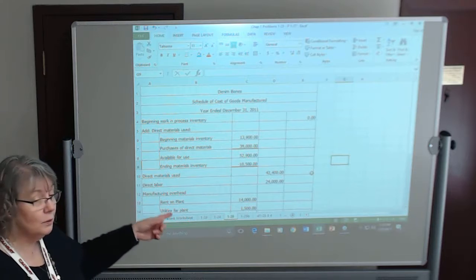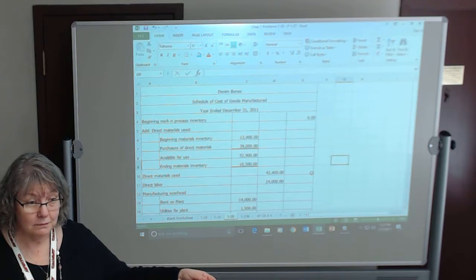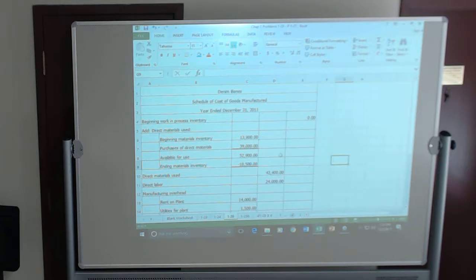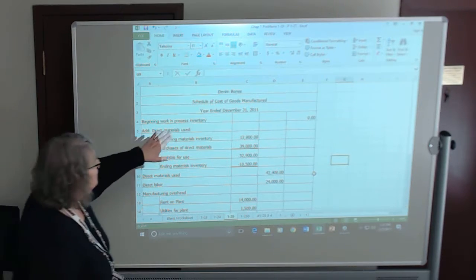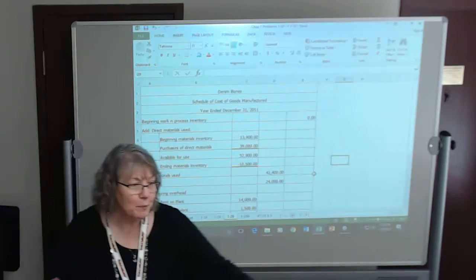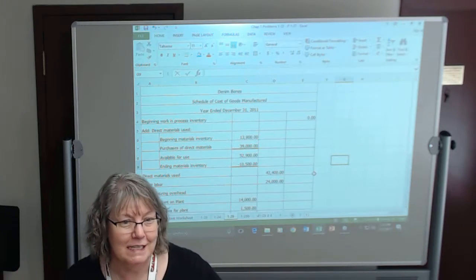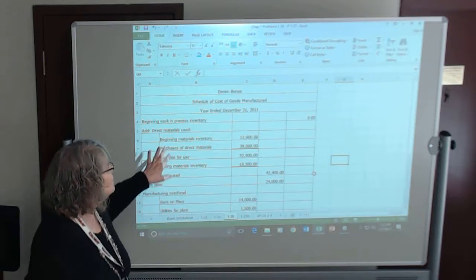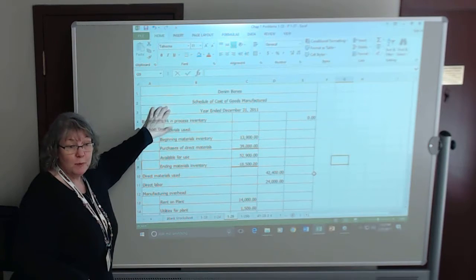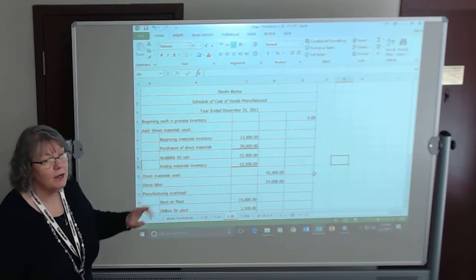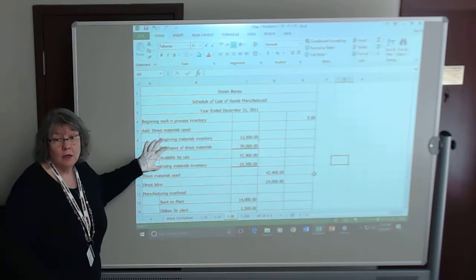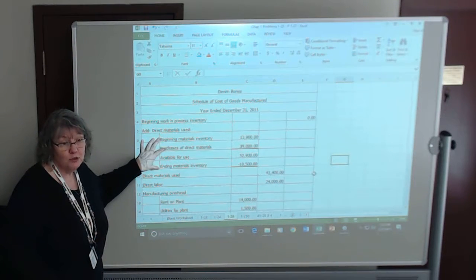Sales revenue: this schedule or the income statement? Remember, compartmentalize this. This is a schedule of cost of goods manufactured. All we're going to talk about on this schedule is what it costs to manufacture the denim bones.